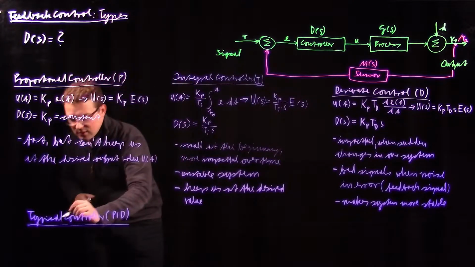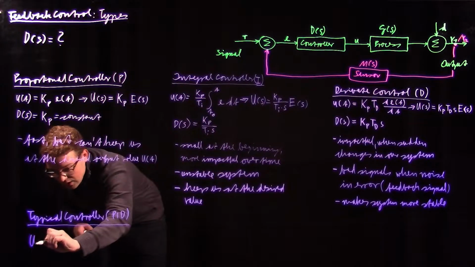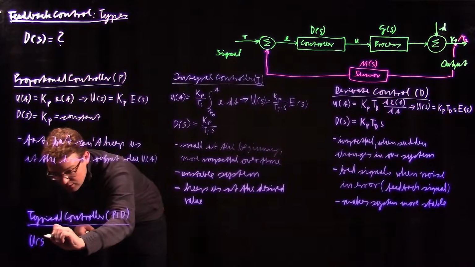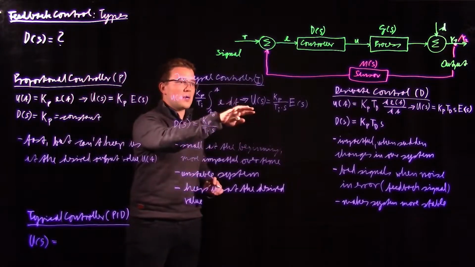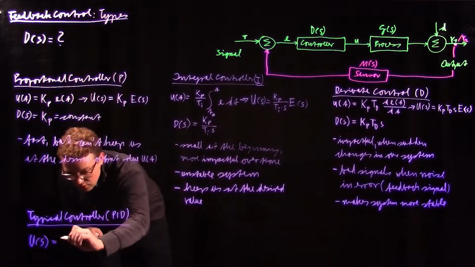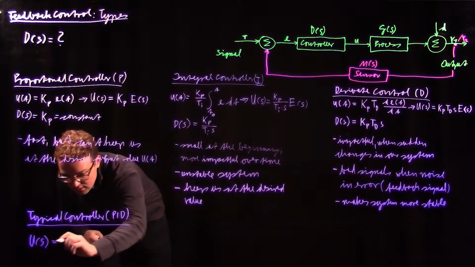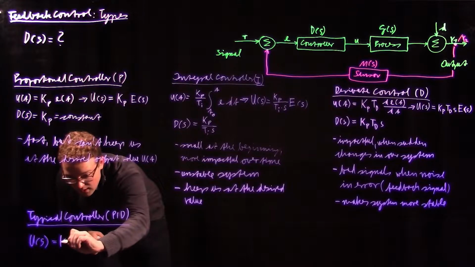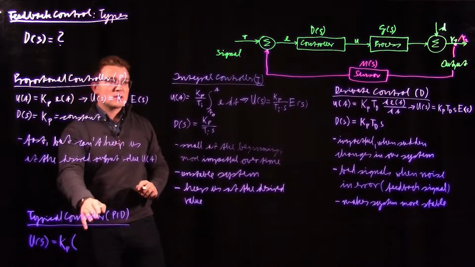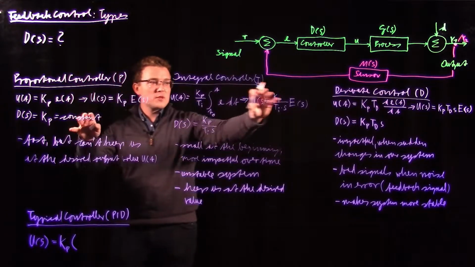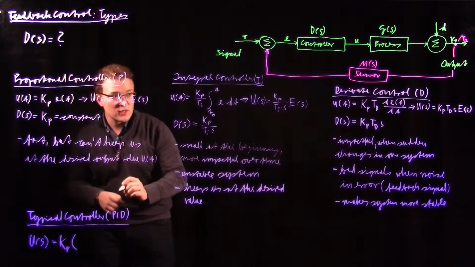So how does such a system look like? When we combine the transfer functions of these three controller types, we get something which looks like this. We have our output signal U from S, and this is created by a factor Kp times the components from these different control types.